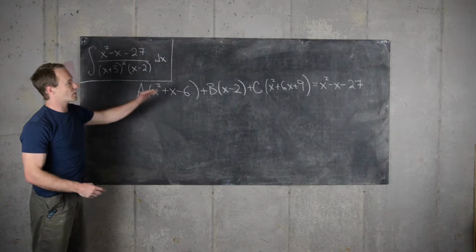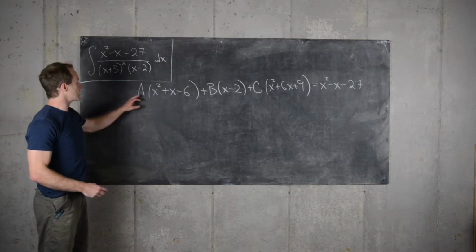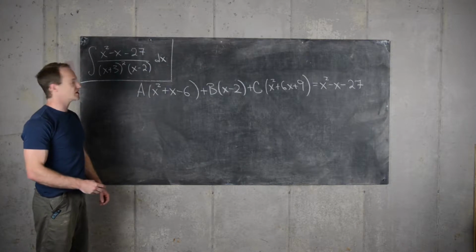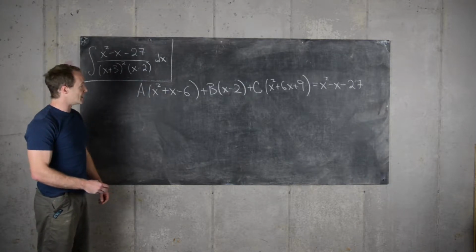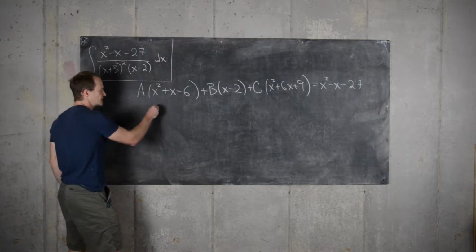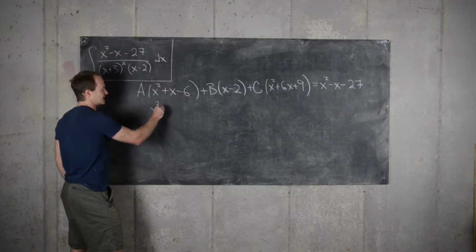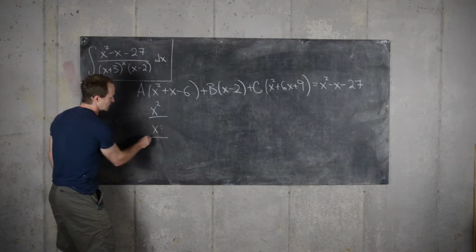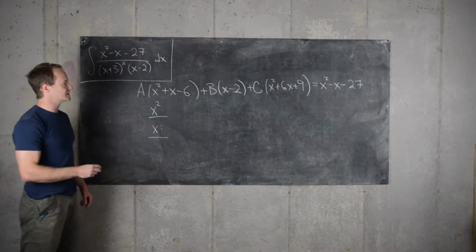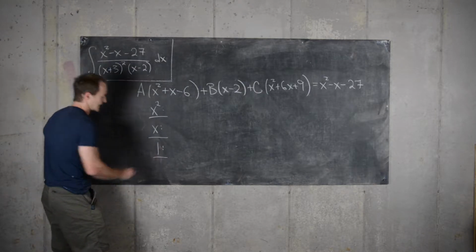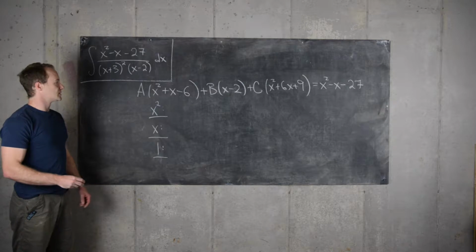So this may seem like one equation with three unknowns, a, b, and c, but we can use the fact that this is a polynomial equation to get three equations out of it by each of the powers of x. So we'll have one equation associated to the power of x squared on both sides, one equation for x to the first power on both sides, and then one equation for the constants on each side, so I'll write that as the number 1.